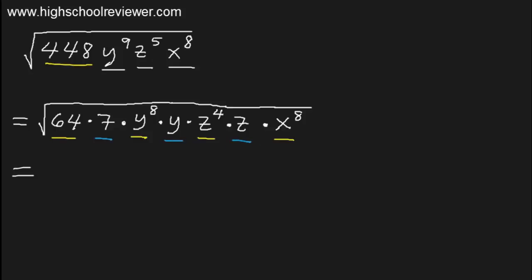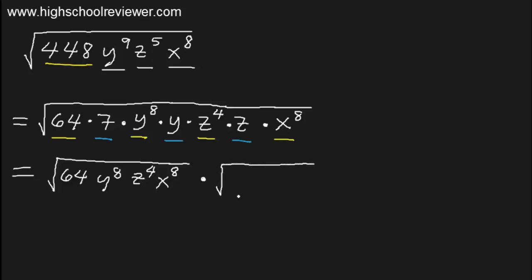Continuing, we will have the square root of 64 multiplied by y raised to 8 multiplied by z raised to 4 multiplied by x raised to 8. And we are going to multiply this by those that will be left behind, but do not forget to enclose them in the square root sign. So those that will be left behind will be 7, y, and z.